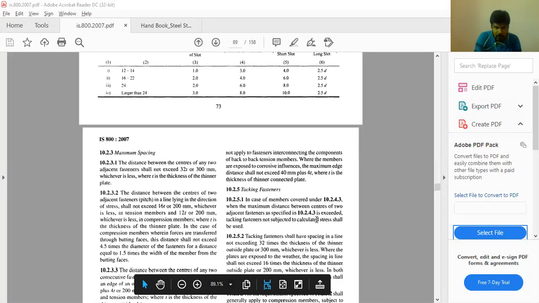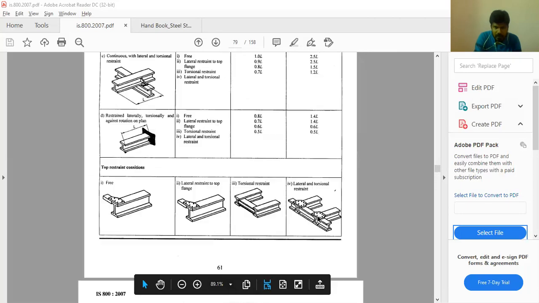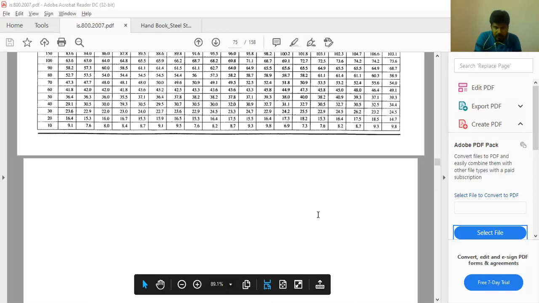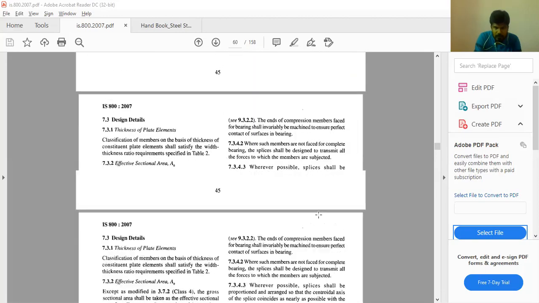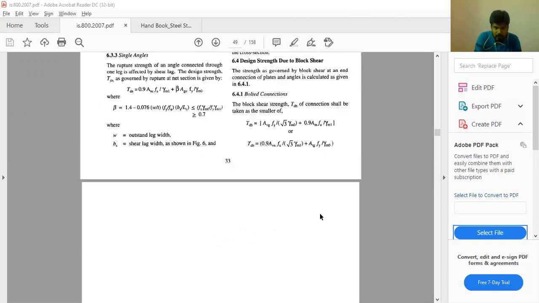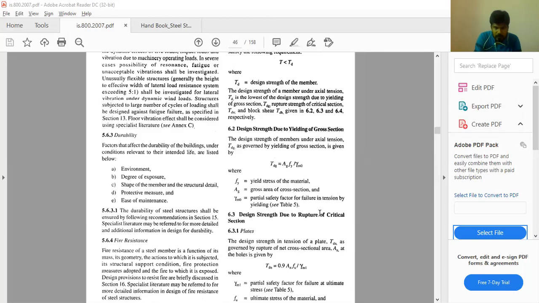From IS 800 2007, the tensile strength, that is the design strength due to yielding of cross section, is Tdg equal to Ag into Fy divided by gamma m naught.